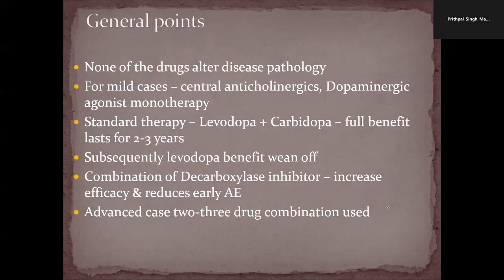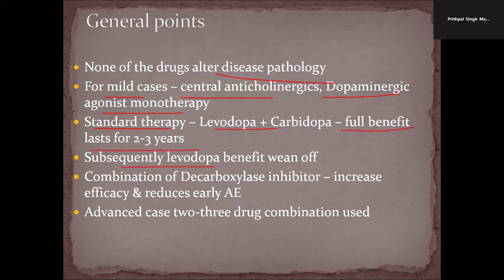Coming to the concluding part of Parkinsonism, let's have some things very clear. The first point is that none of these drugs can adequately arrest the disease. Most of these, for mild cases, we take efficiently and converted drugs in therapy. Standard therapy is levodopa plus carbidopa, the benefit of which lasts for 3 years.